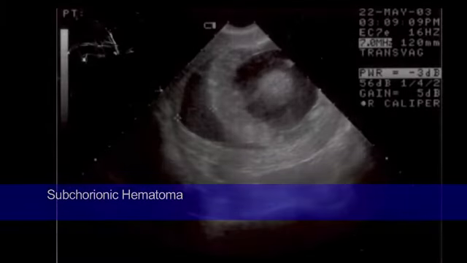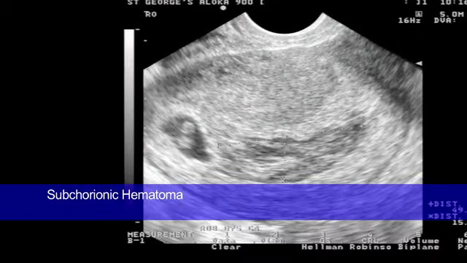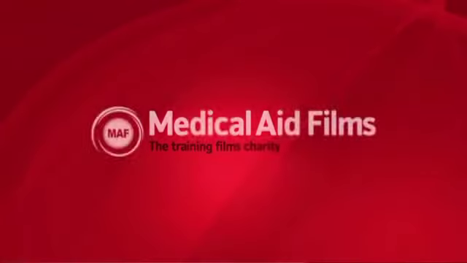A very common finding in this scenario is the presence of a subchorionic hematoma. These hematomas are very well tolerated, and one can see really very significant subchorionic bleeds without the pregnancy eventually becoming compromised. So their finding is an indication for close observation and serial scanning, but is not necessarily a predictor of outcome.